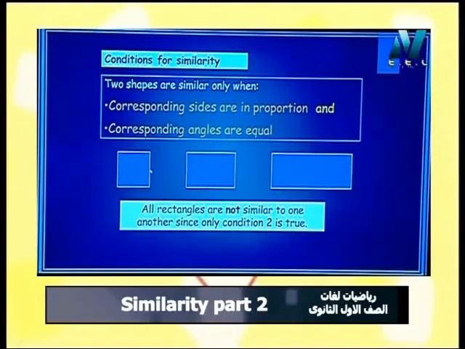So rectangles are not all similar to one another, since only condition 2 is true. It's necessary, but it's not enough, because all angles are equal in measure since they are right, but we also have to satisfy that the corresponding sides are proportional.